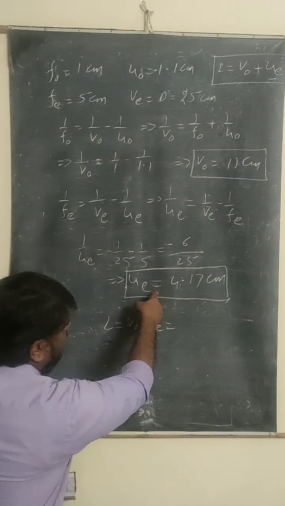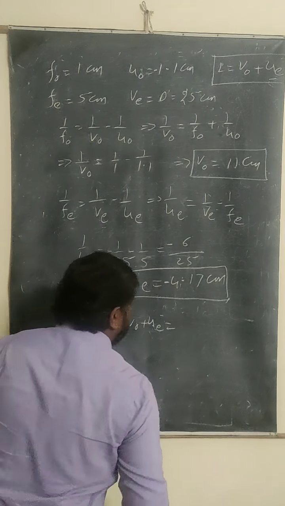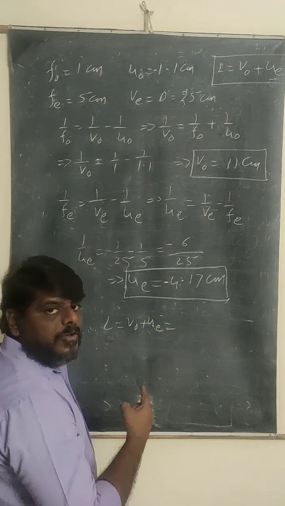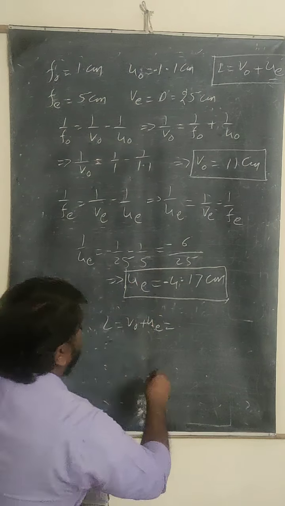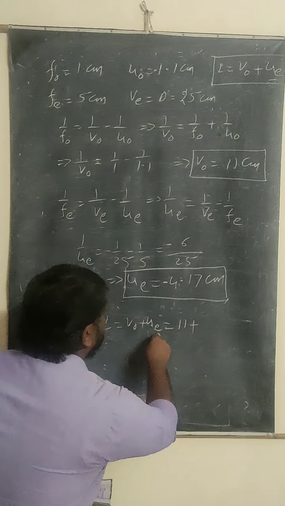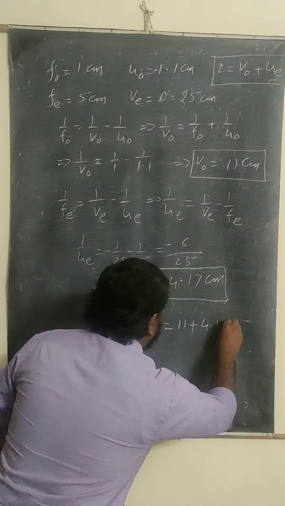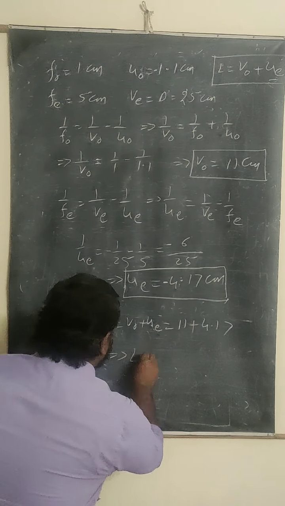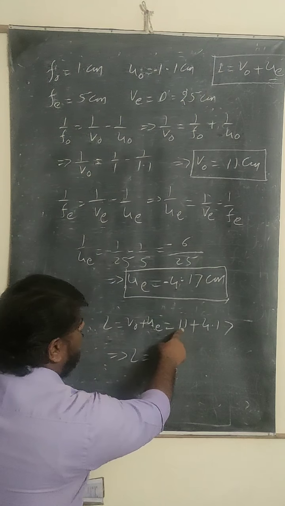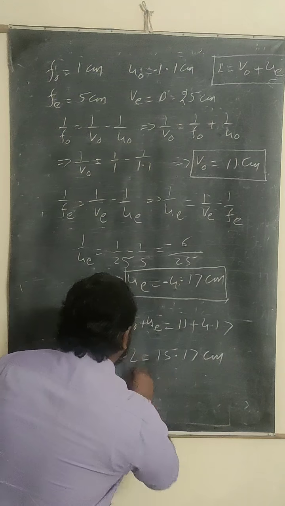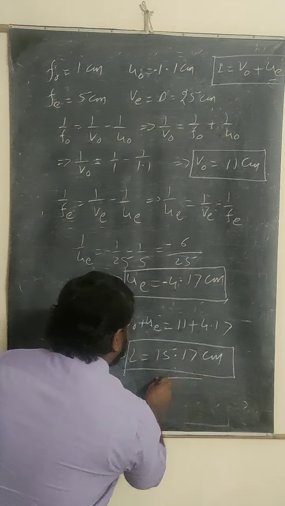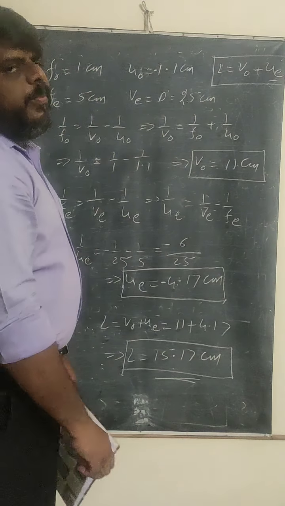Don't forget there is a negative sign, but we do not use the negative sign in the case of the length of the tube itself. V naught is 11 plus UE is 4.17, so L is equal to 15.17 centimeters. This is the length of the microscope.